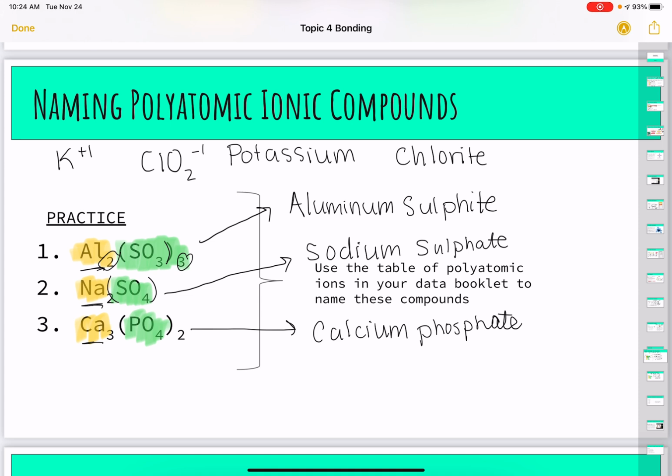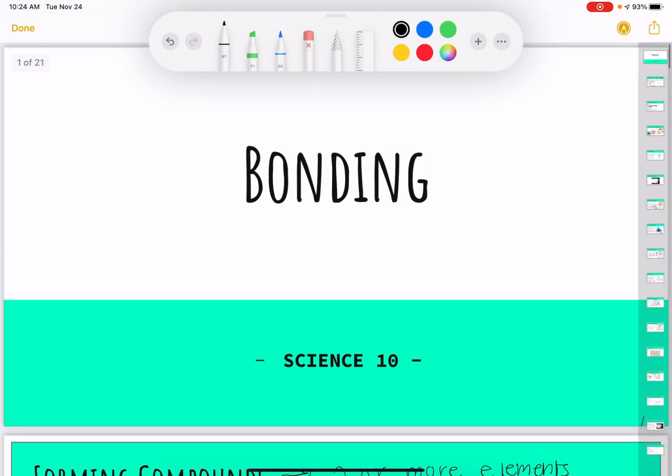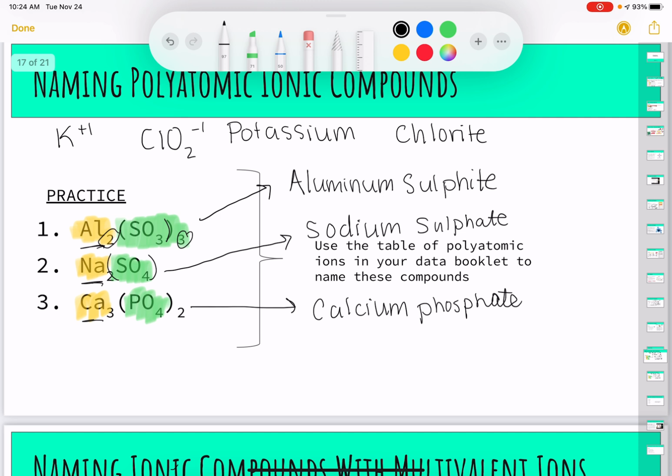So this is maybe a terrible one to choose, and as I wrote it down, I already realized that it's already balanced. Because it's got a +1 and a -1, our compound would just be KClO2. That's because if we cross these over, well, they're already balanced, -1, +1.